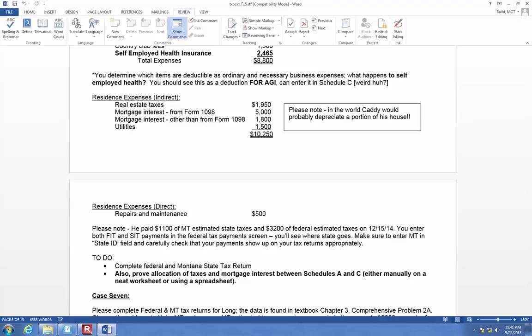But SIT is unlimited. If I'm super high income and I pay $50,000 a year in SIT, that is all a deduction on my Schedule A. So, does that go on your... Nope, it's part of your itemized deduction calc. And if you look up on your little itemized deduction, I say, work that out on scratch paper using Schedule A as a guide.